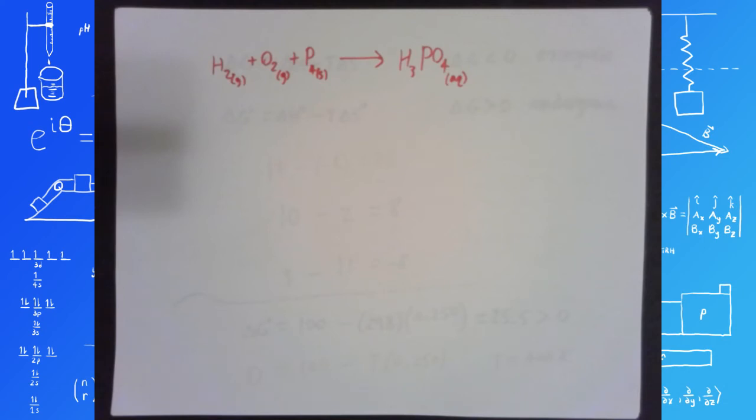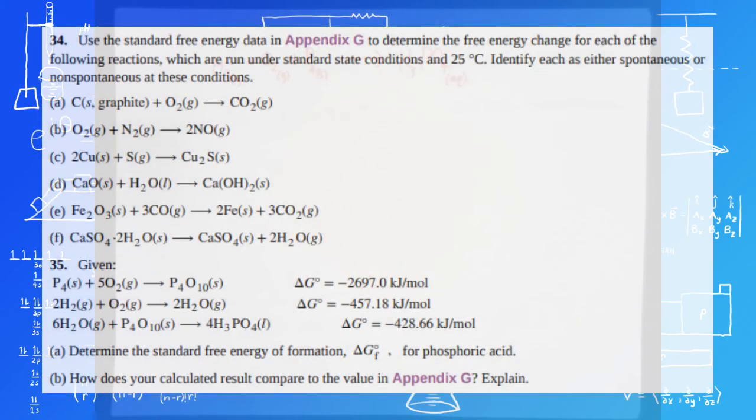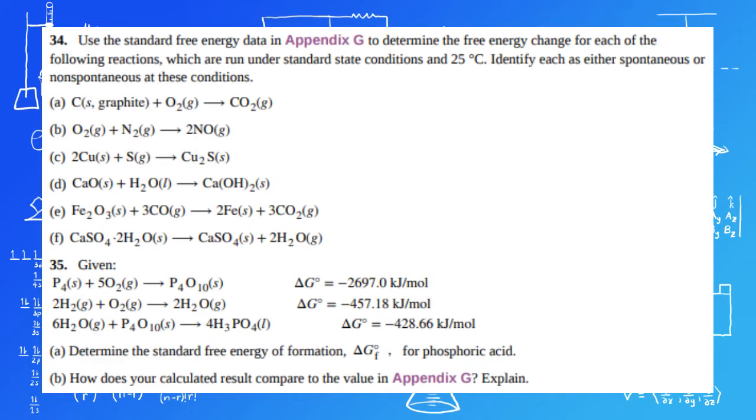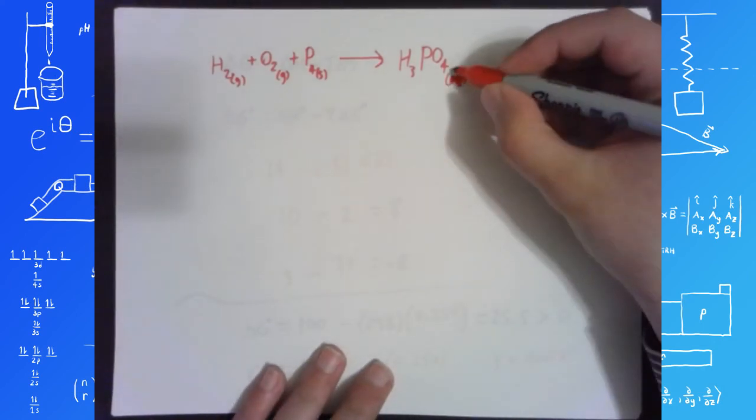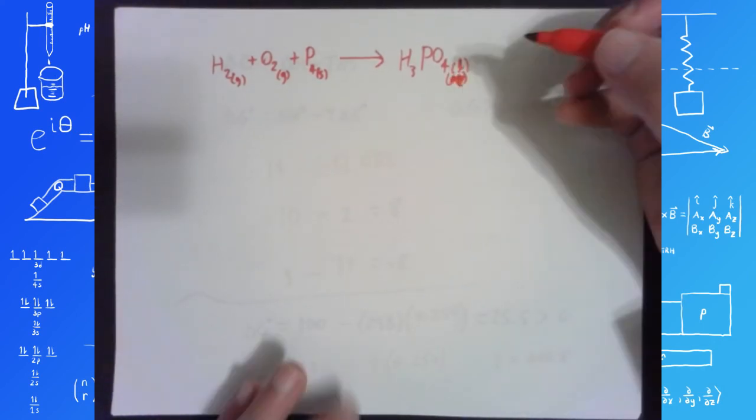I would assume liquid. Actually, wait. No. I know. If we look at the problem itself, yeah, they show phosphoric acid in the liquid state, so that's what they want. They want it in the liquid state, so scratch that. Liquid.